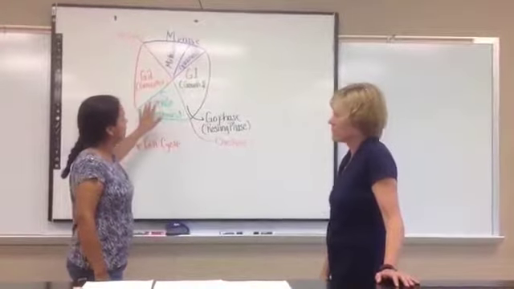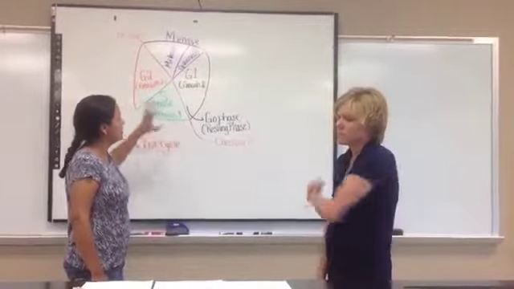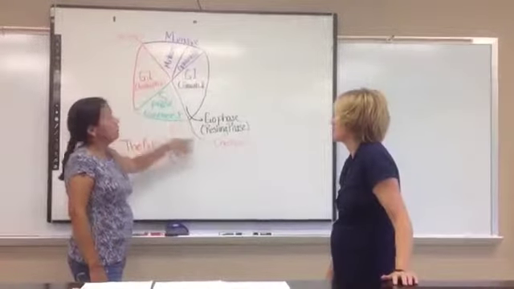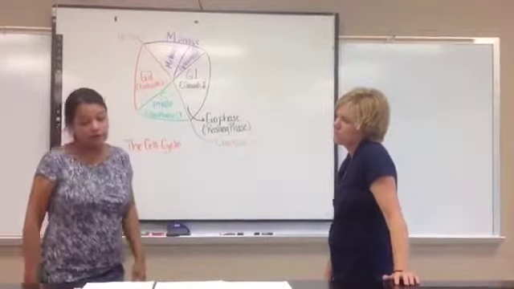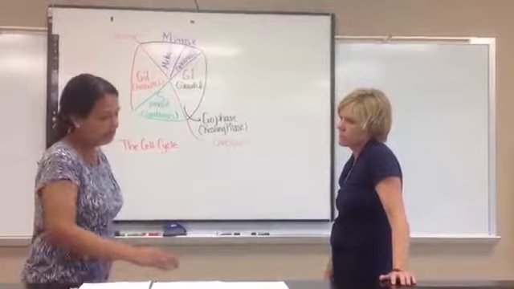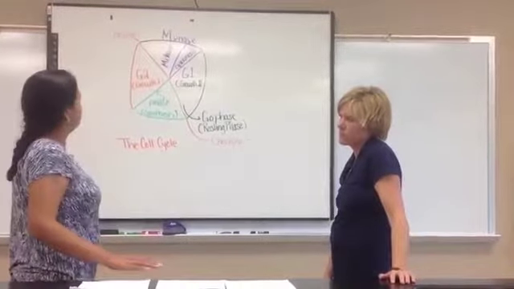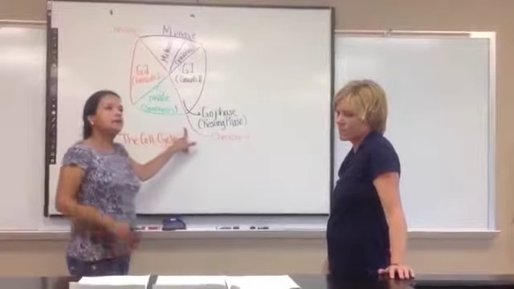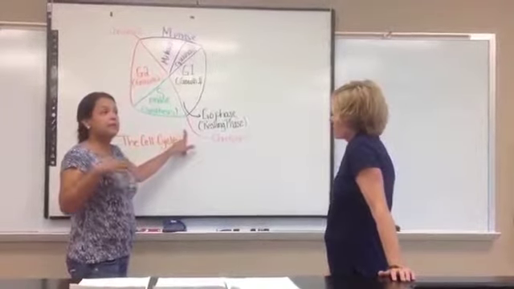Now, another thing I wanted to cover in this particular diagram is something called a checkpoint. Checkpoints are actually a point where a cell is checked over to see if there are any mistakes.